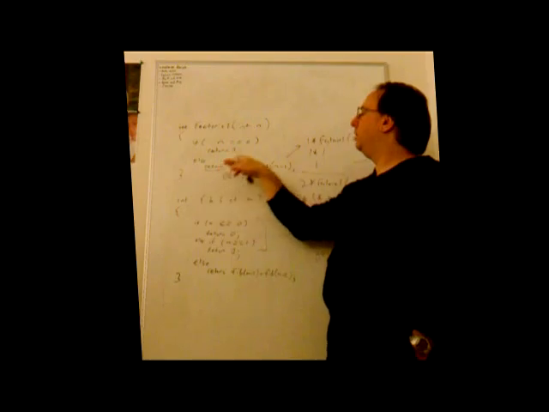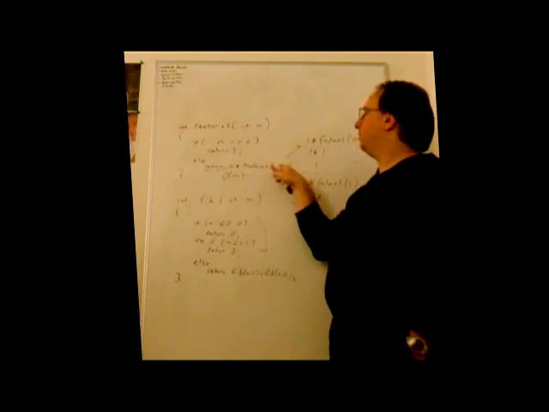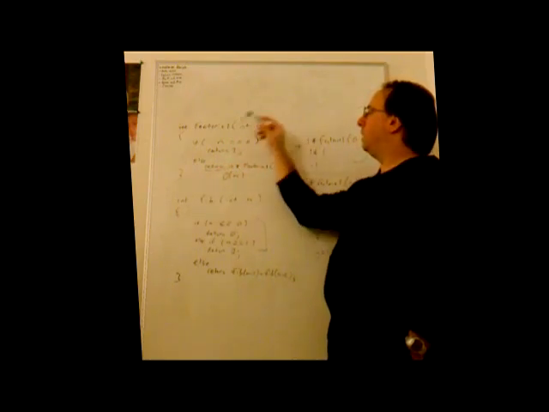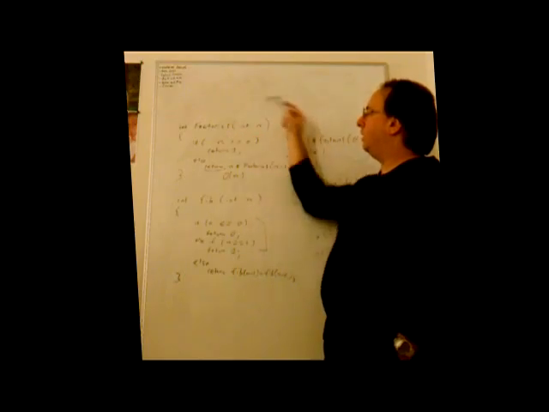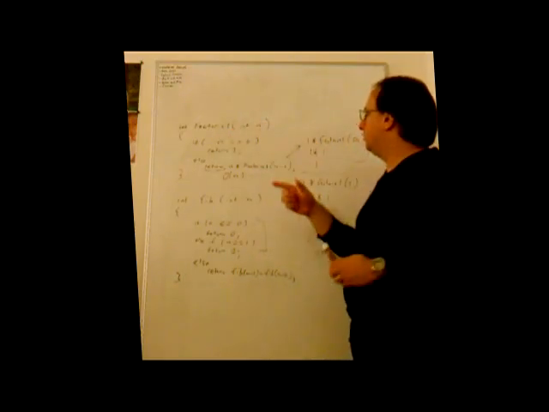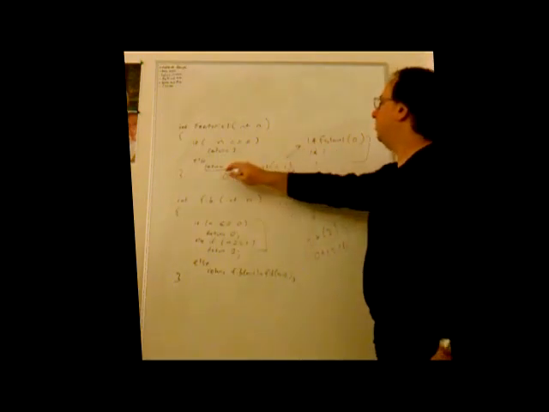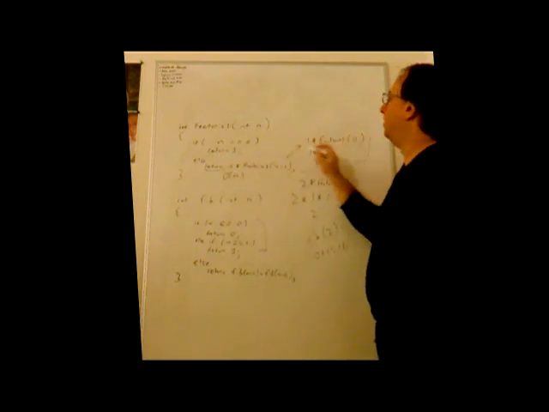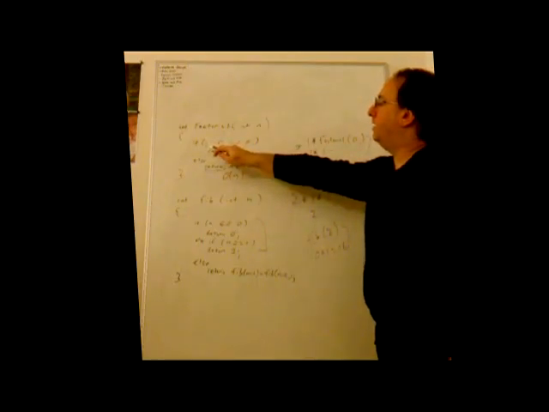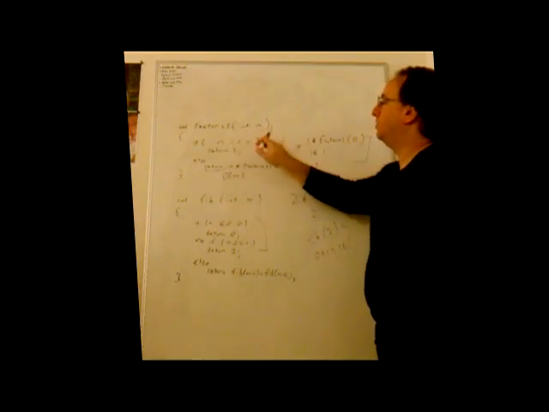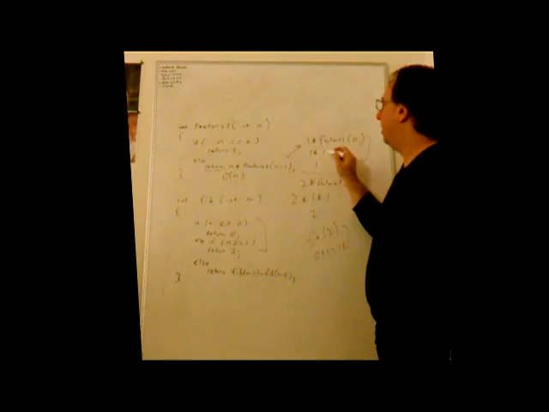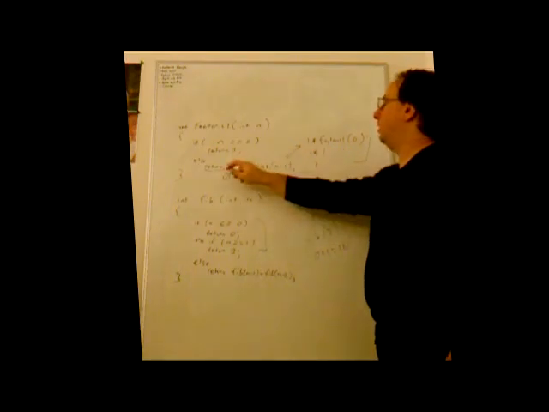Otherwise, return 1 times the factorial of 0. Factorial of 0 we just did, so n equals 0, return 1. So return 1 times the factorial of 0. Factorial of 0 goes back in separately and says, if n equals 0, return 1. So we put 1 there, and now we get 1 times 1, which is 1, and that's returned.